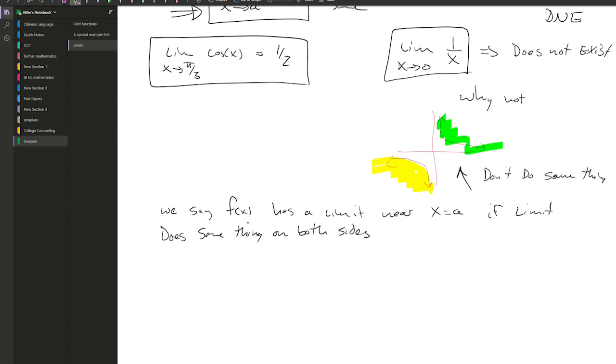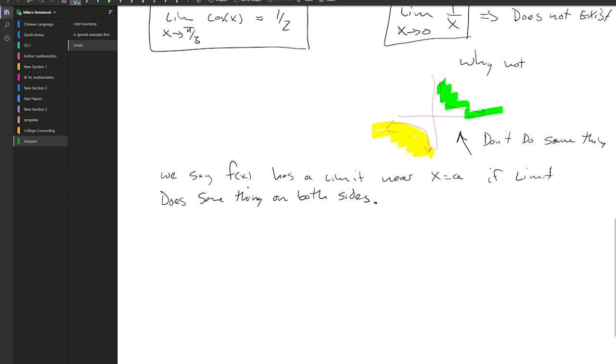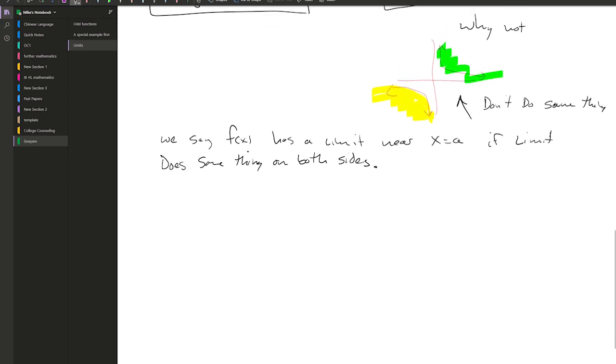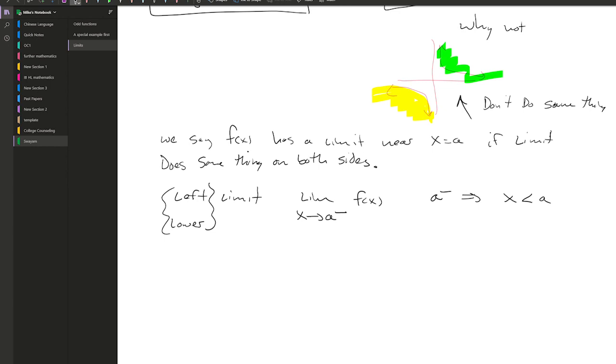Okay, so there needs to be a way to denote that, to write that in an easy way, and we're going to say that the left limit, another way to say that would be the lower limit, is going to be written as the limit as x goes to a minus of f of x, and a minus here means that x is less than a and x goes to a.